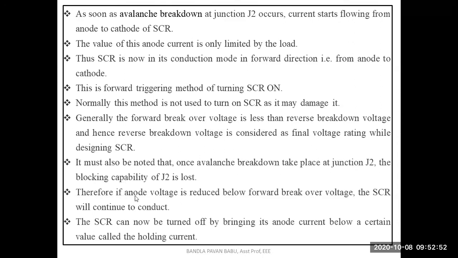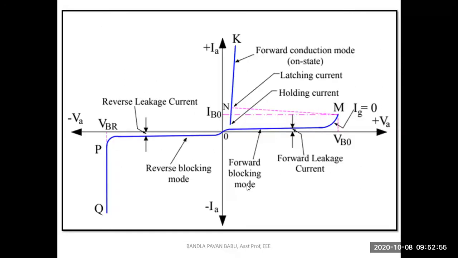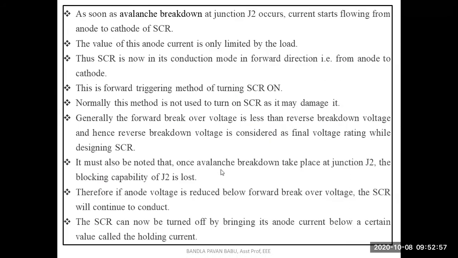One more thing. When we go for this forward voltage triggering method, junction J2 goes to avalanche breakdown and the current flows from anode to cathode. After this flow of current, what about junction J2? It lost its blocking capability.